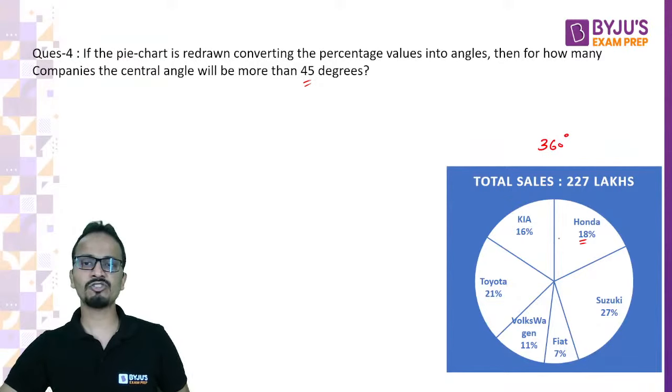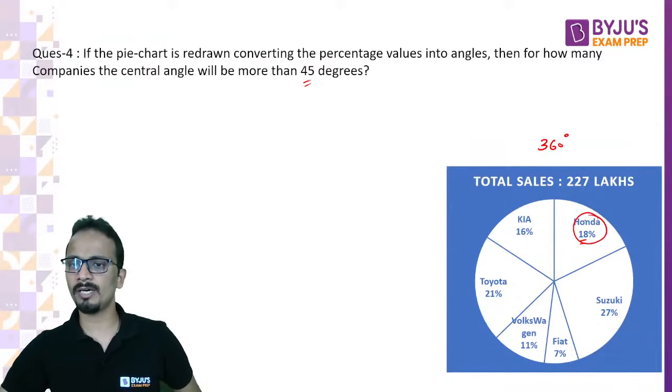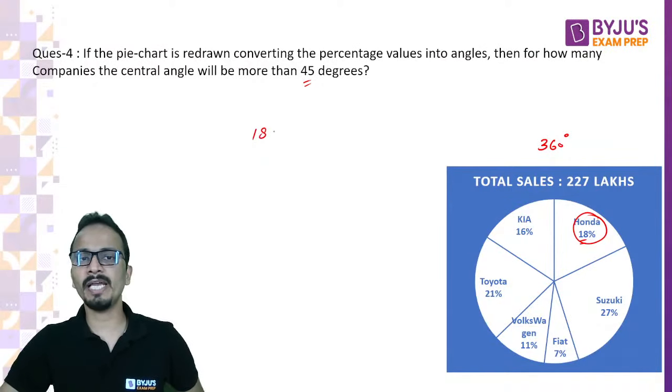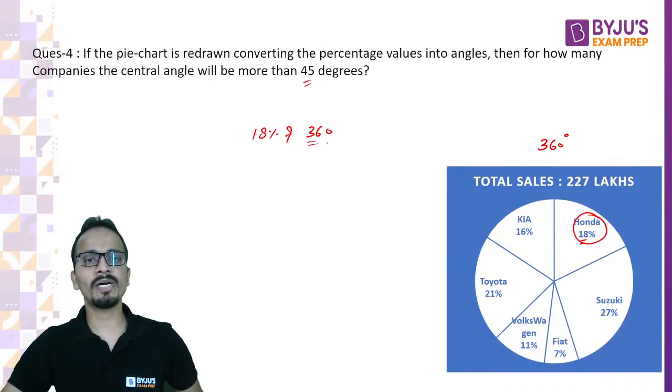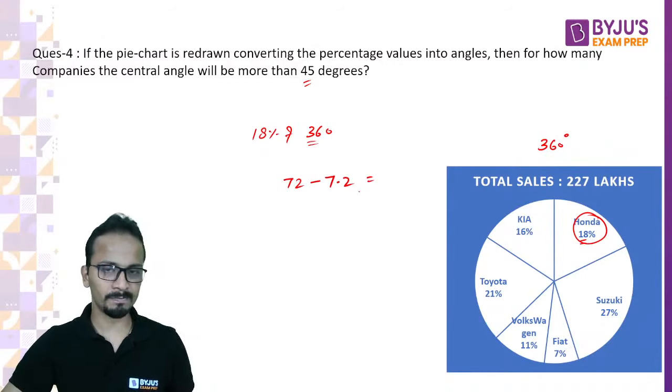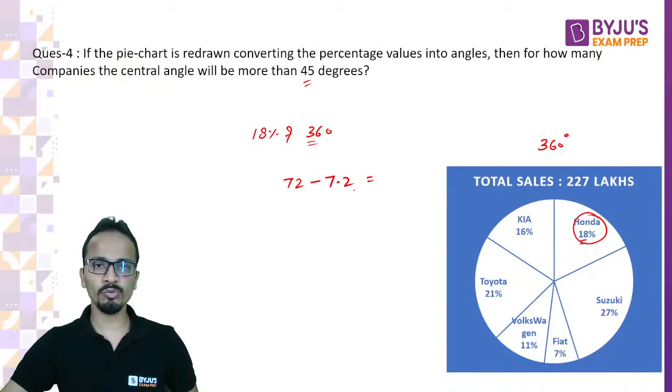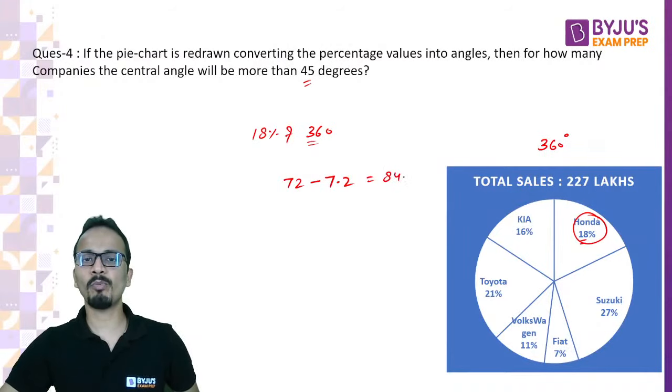If I try to convert Honda, Honda will become 18 percent of 360. Now, to calculate 18 percent, what will 20% be? 72 minus 7.2. I hope all of you remember this thing. So 72 minus 7.2, so it will be 84.8.